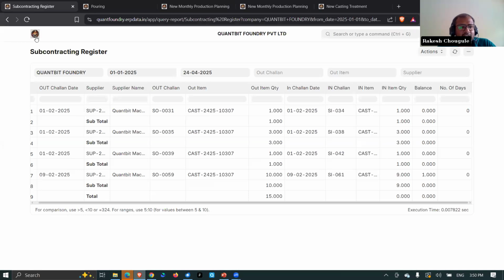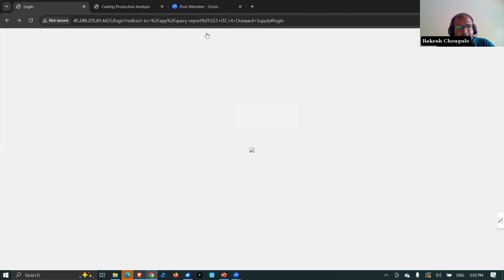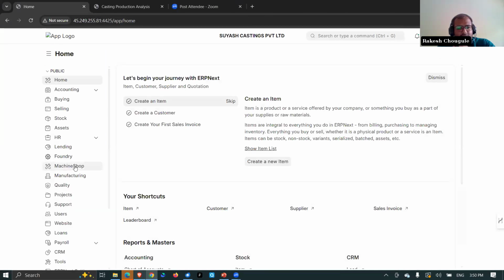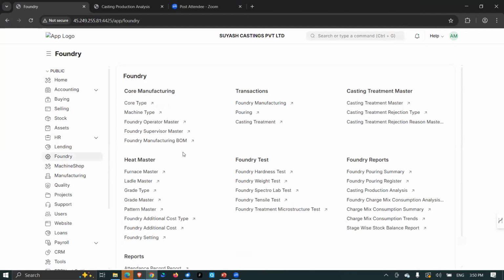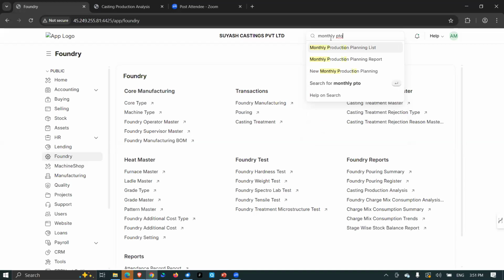Okay. So I will now show you the production planning. Just one small question regarding outsourcing, subcontracting. Is there any provision in the system that I can provide logins? If I have 100 subcontractors, can I give them access with separate logins and their own names?